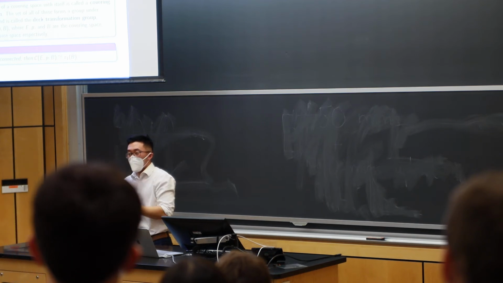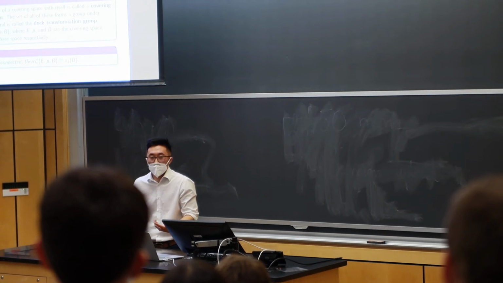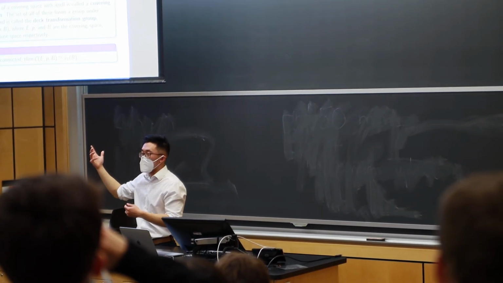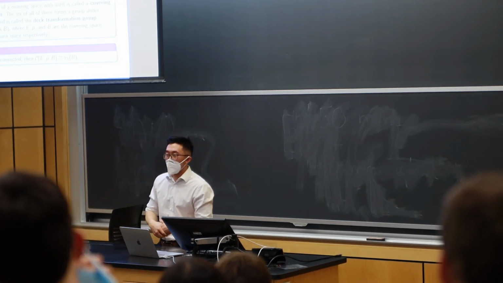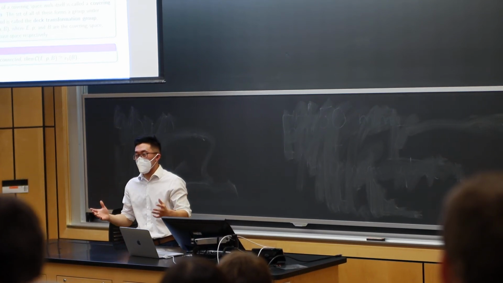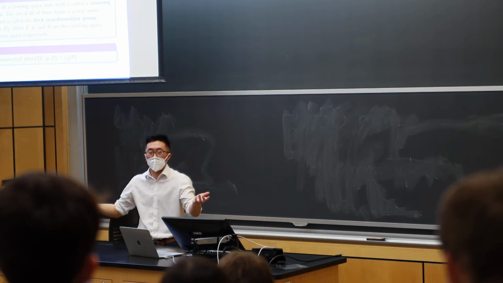And in fact, if you compose two of these together, it's still a covering transformation. So this forms a group under the operation of composition. We call this the deck transformation group. You can think about it like a permutation group for a covering space.